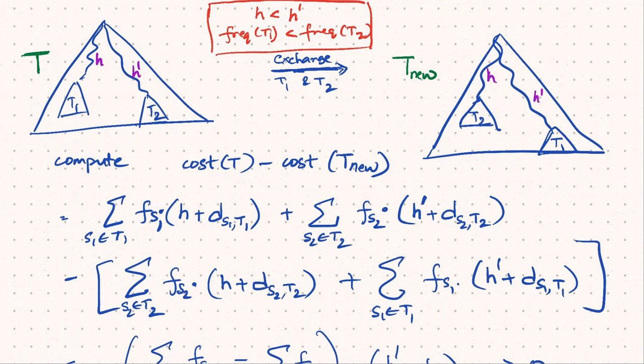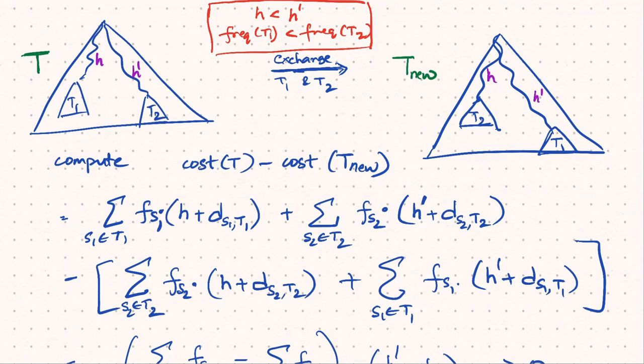So this is not actually how the algorithm will do it, but this gives us an idea that what we want basically is that the subtrees which have lower frequency should be lower in the tree.